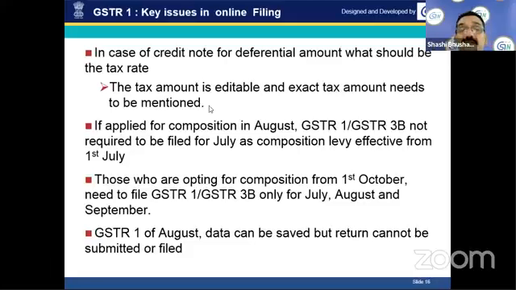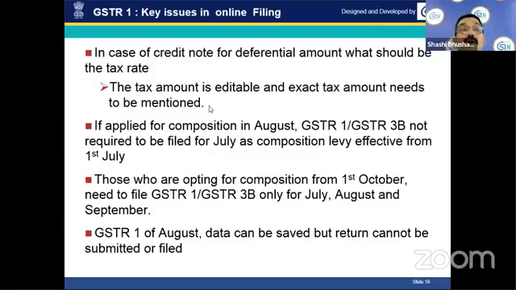You can still select the percentage which is applicable for that particular goods. But if the amount gets calculated as per that percentage, you need to change that amount to the amount which is actually there in the credit note, and the system will accept it, and the counterparty will get the benefit. You need not worry about the tax rate.